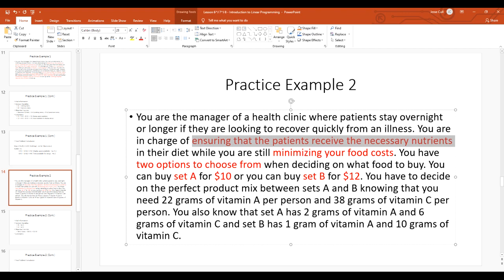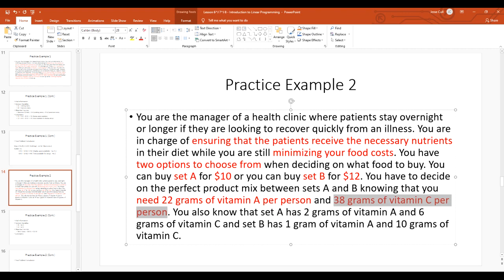So you have to decide on the perfect product mix between sets A and B, knowing that you need 22 grams of vitamin A per person and 38 grams of vitamin C per person. Suddenly, we know what is required. This cannot be ignored. These are our limitations.